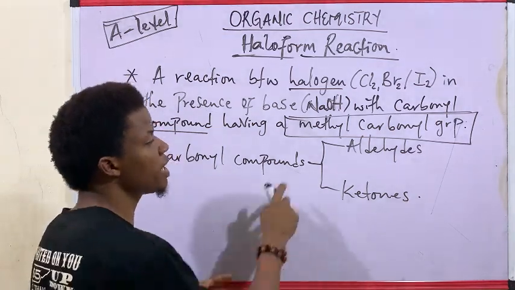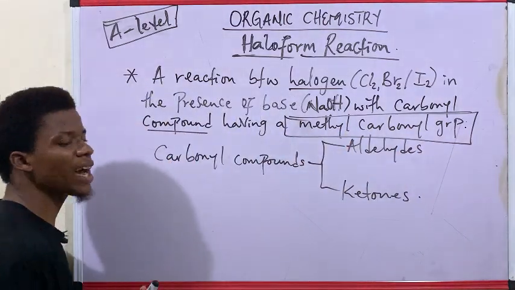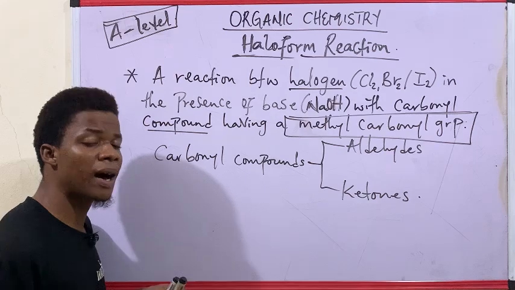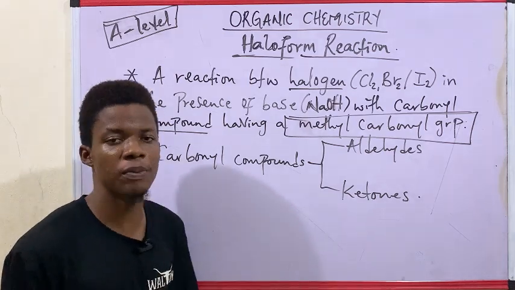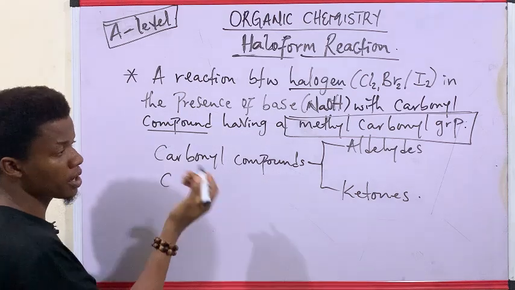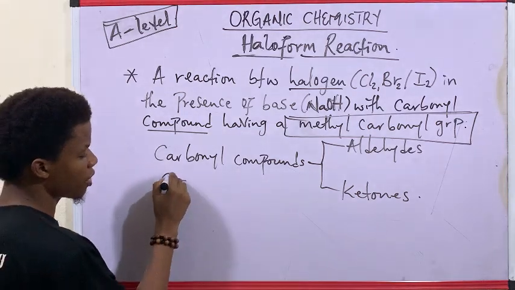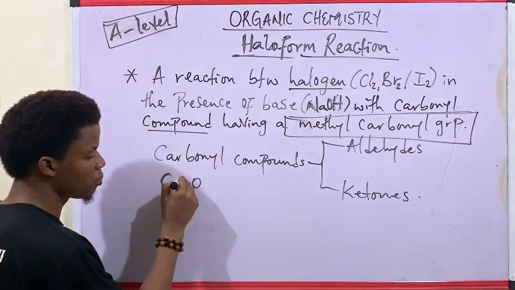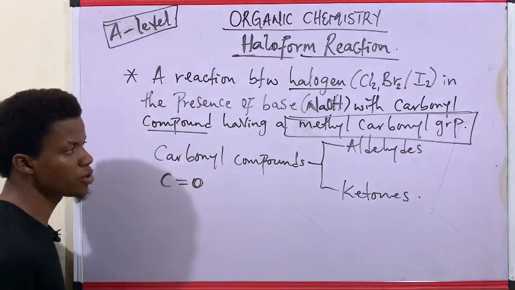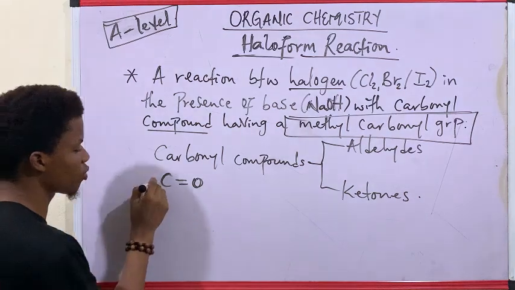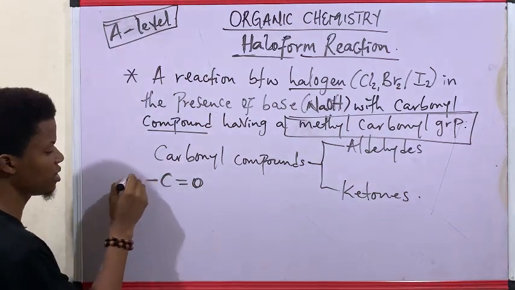Now, when we say a methyl carbonyl group, what is a carbonyl group? I dropped a video lesson about alkyl and acyl groups, please go and watch that video. A carbonyl group refers to carbon doubly bonded to oxygen. So a methyl carbonyl is just a methyl group attached to this, something like this.